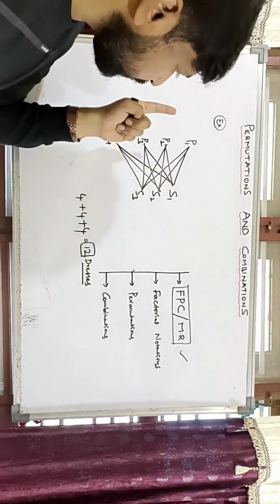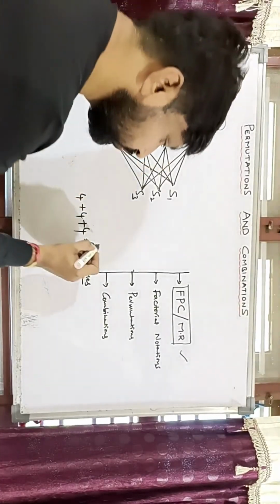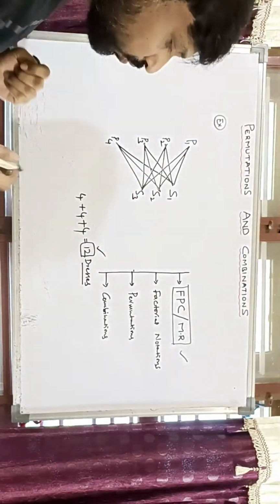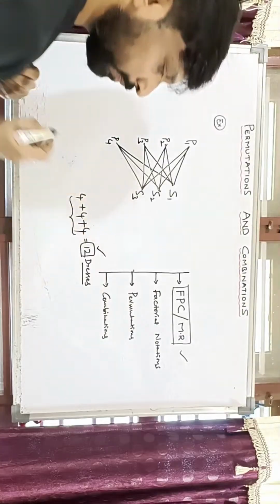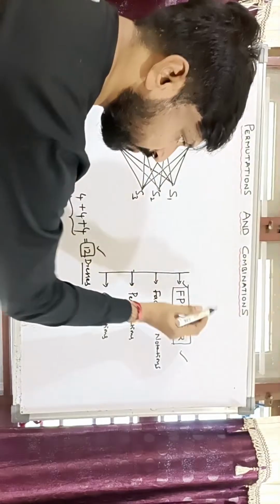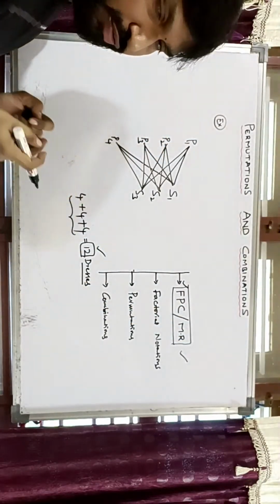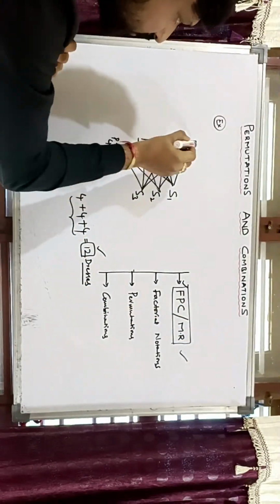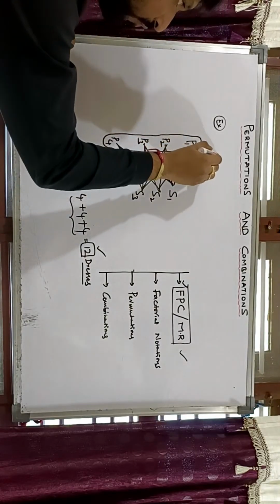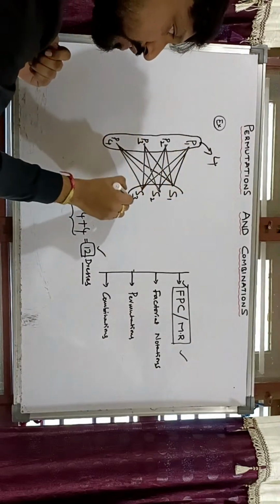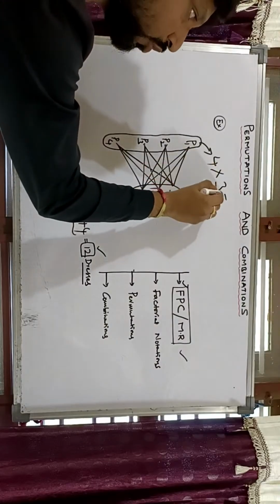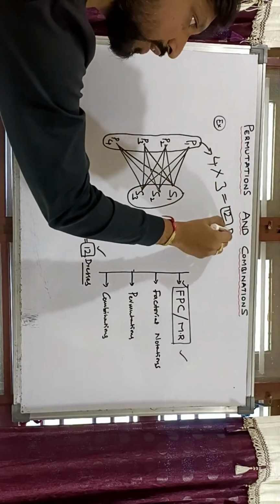So here we are adding 4 plus 4 plus 4. Instead of this, by using the fundamental principle of counting, the calculation will be very easy. Total number of pants, how many are there? 4. Total number of shirts, how many? 3. So 4 into 3, how much? 12. You get 12 dresses.